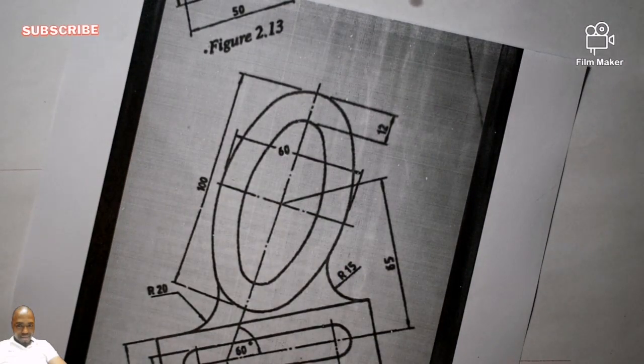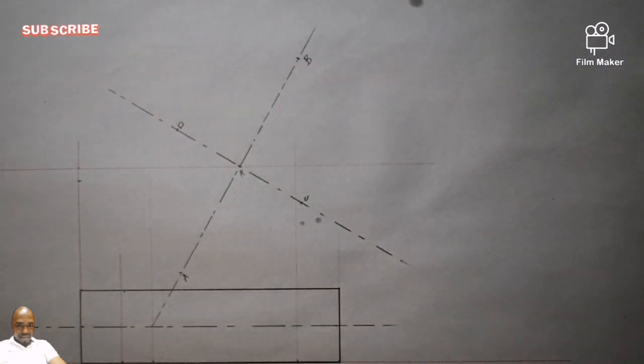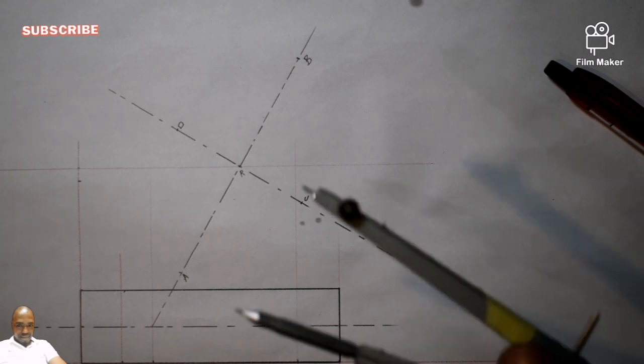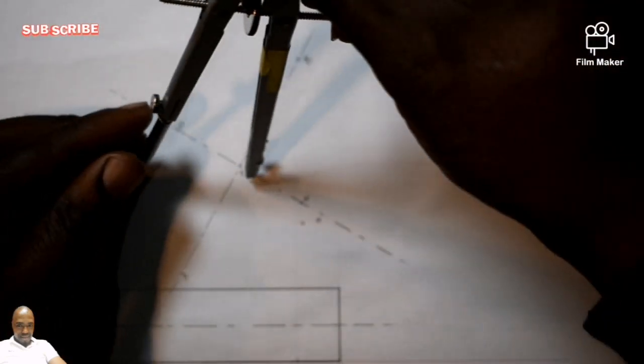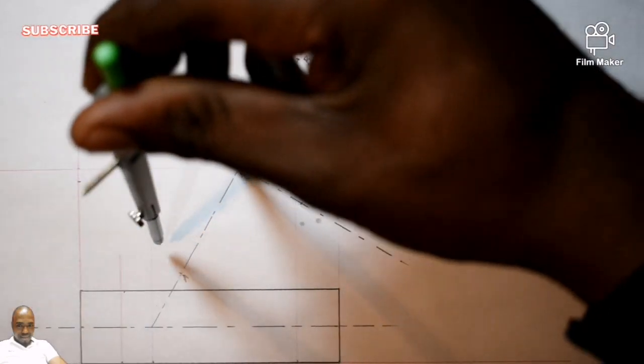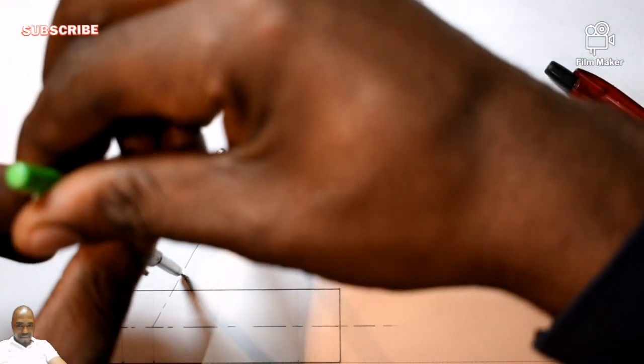Then from there, what is going to happen now? Now, you take your drawing compass. We are starting the steps, or the protocol, of how to draw an ellipse. So place your drawing compass at point R, and further extend it towards point A, which is this one.